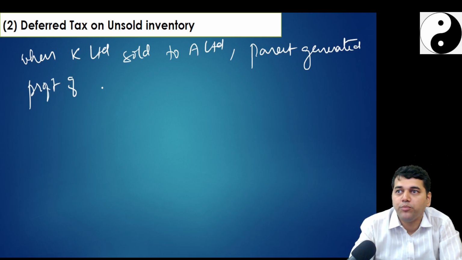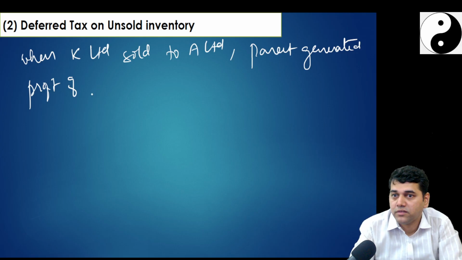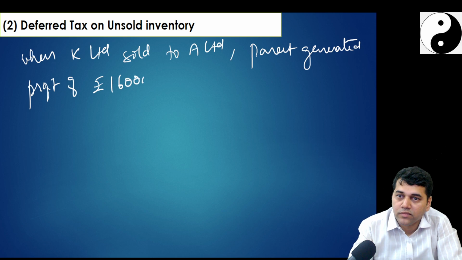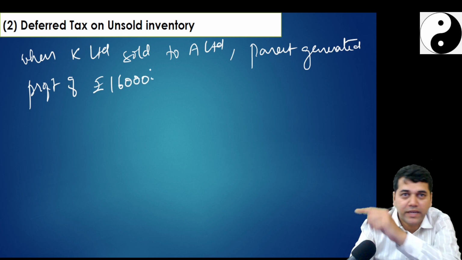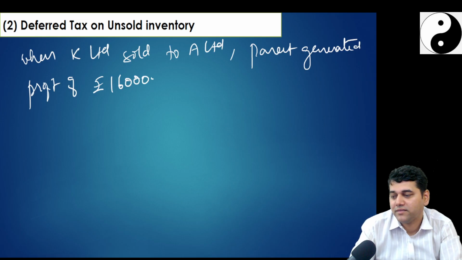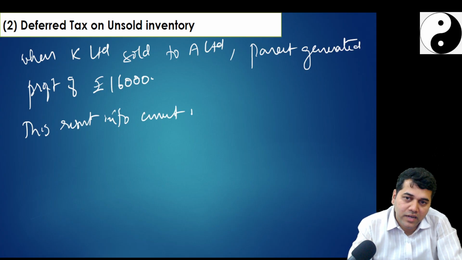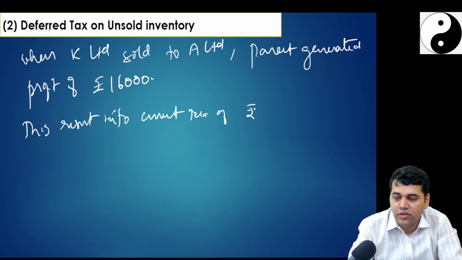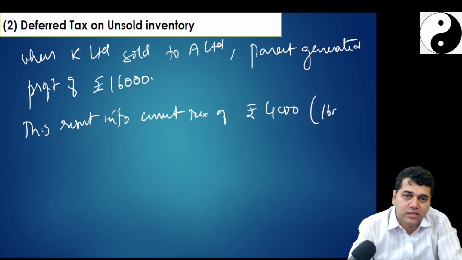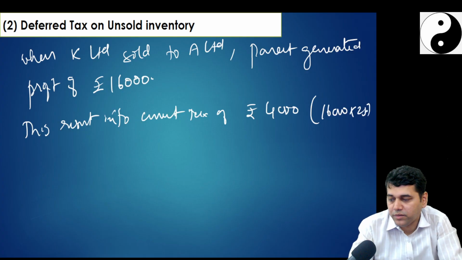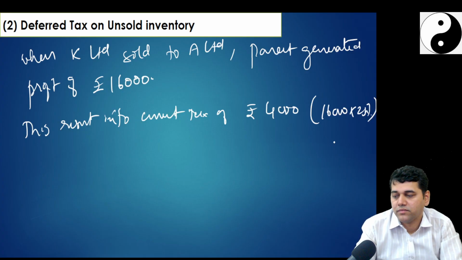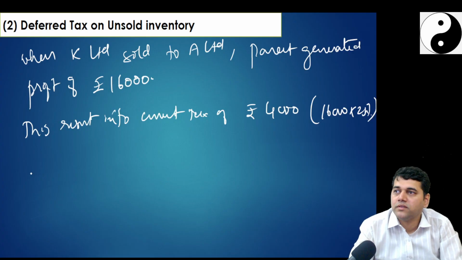In their standalone P&L, how much is the profit? 16,000. On this, should they not pay current tax? This results in current tax of rupees 4,000, 16,000 into 25%. How are they going to account for it?